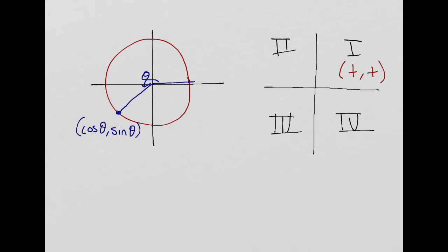In the second quadrant, the x values are negative, y values are positive. Down here in the third quadrant, they're both negative, and out here, positive and negative. So if you relate this to what we've got here, cosine and sine are both positive in the first quadrant, cosine is negative and sine is positive in the second quadrant, they're both negative in the third quadrant, and the cosine is positive and the sine is negative in the fourth quadrant.